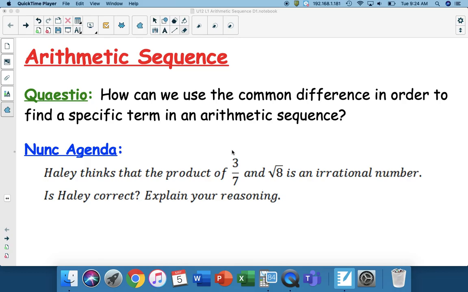That's really it. So your agenda says Haley thinks that the product of 3/7 and radical 8 is an irrational number. Is Haley correct? Explain your reasoning. So why don't you guys take a little pause right now and try to solve that, and then we'll come back to it, and I will show you guys exactly how to do it.